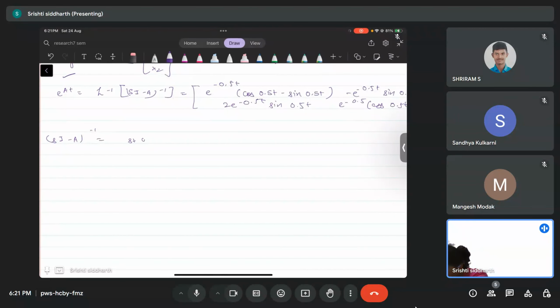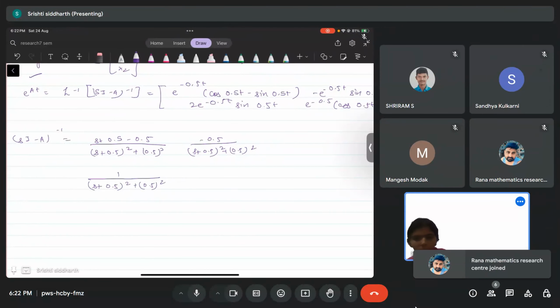This is s plus 0.5, minus 0.5 over, and then we have minus 0.5, and then we have s plus 0.5, minus 0.5 over.